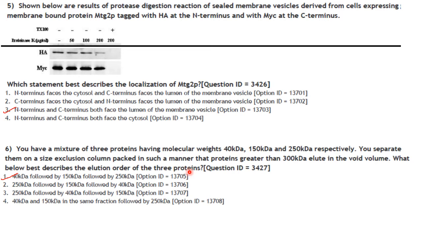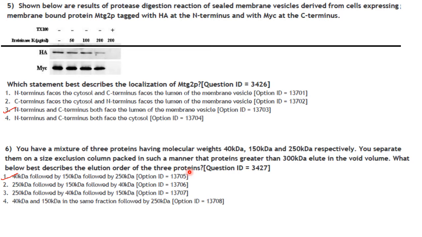But here the condition is different because the size exclusion column is packed in such a manner that proteins greater than 300 kDa elute in the void volume, whereas the others enter into the pores of the column material.